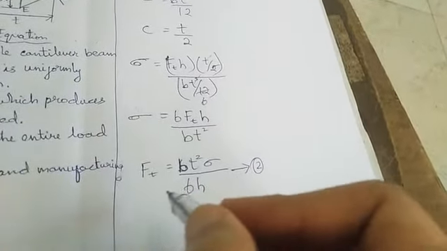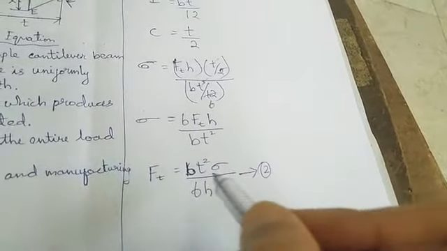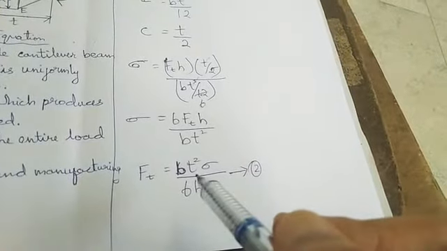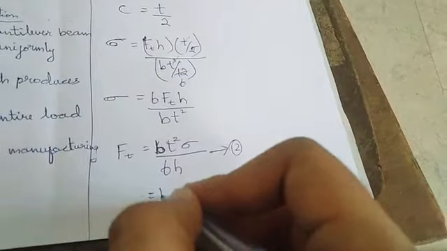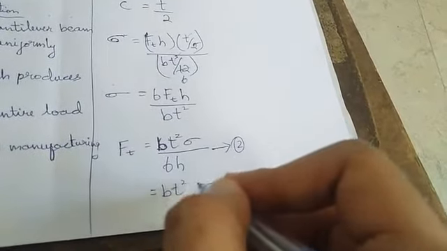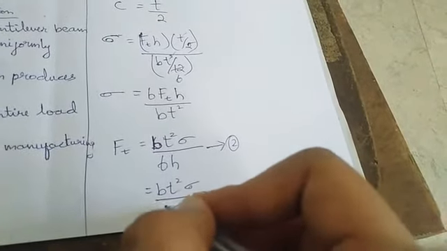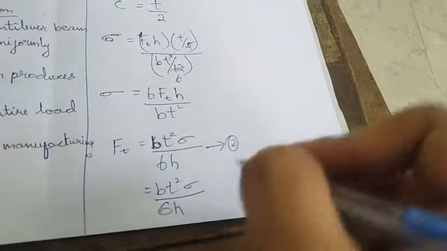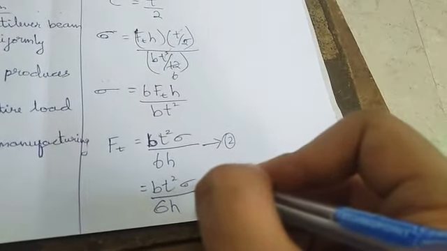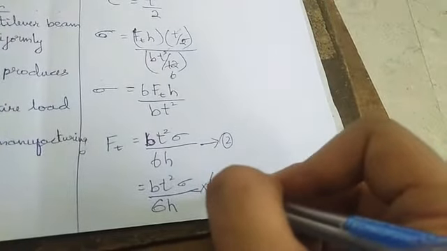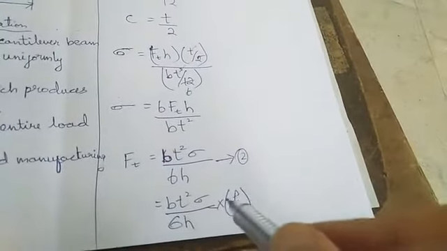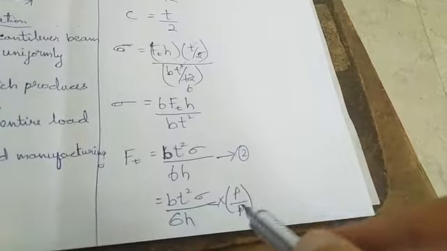Now we shall multiply and divide this equation by pitch, the circular pitch p. So we are multiplying and dividing the equation by circular pitch p.